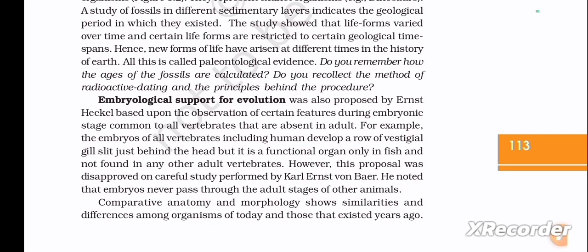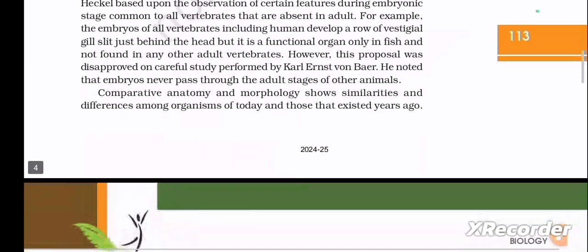For example, the embryos of all vertebrates, including human, develop a row of vestigial gill slits just behind the head, but it is a functional organ only in fish and not found in any other adult vertebrates. However, this proposal was disapproved on careful study performed by Karl Ernst von Baer. He noted that embryos never pass through the adult stages of other animals.